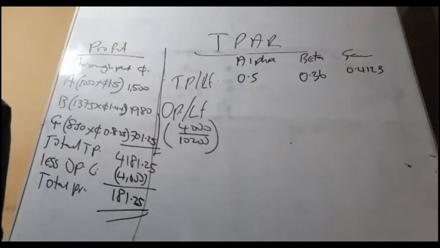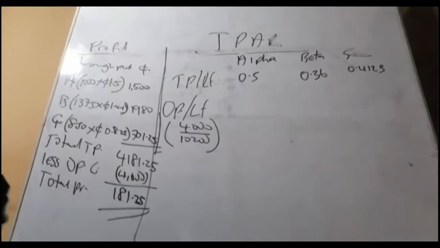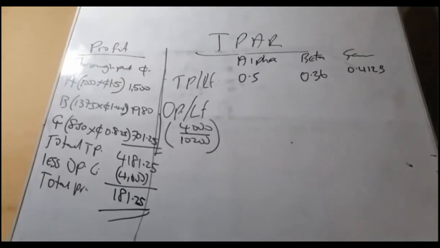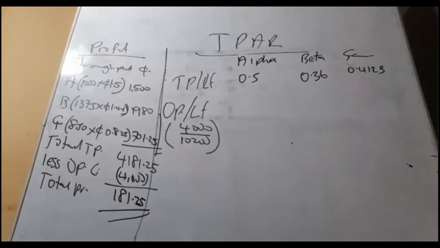Good. So if my calculator serves me right, it will be 4,000 divided by 10,200.